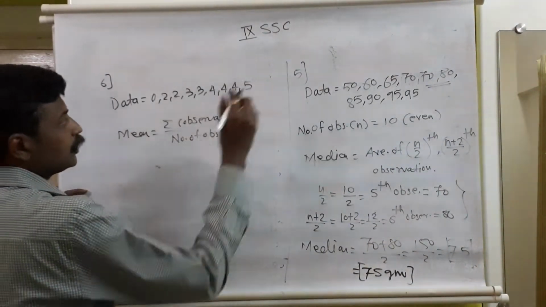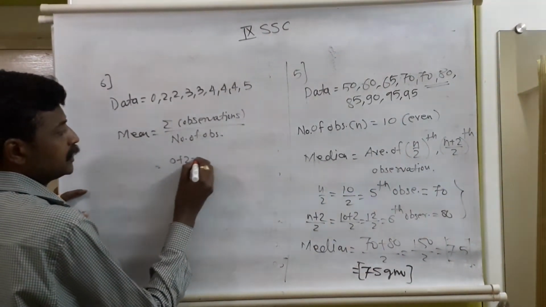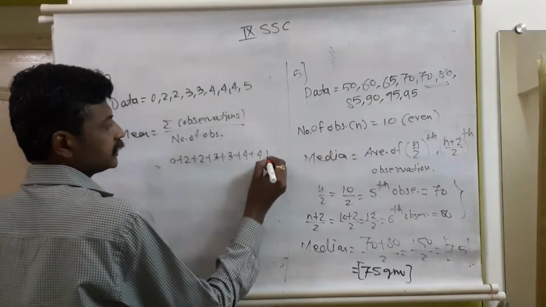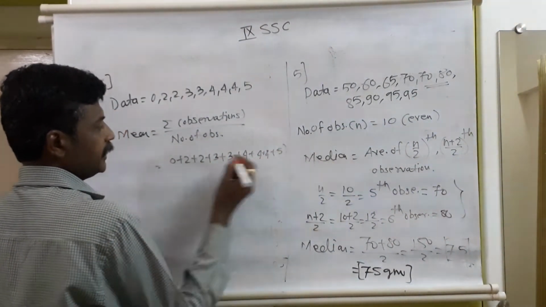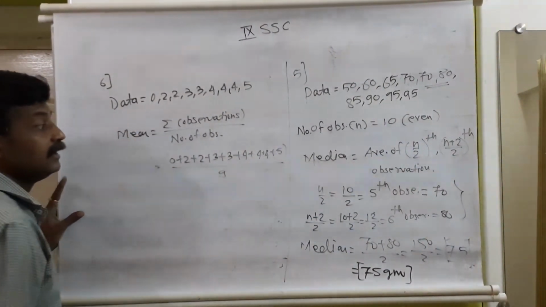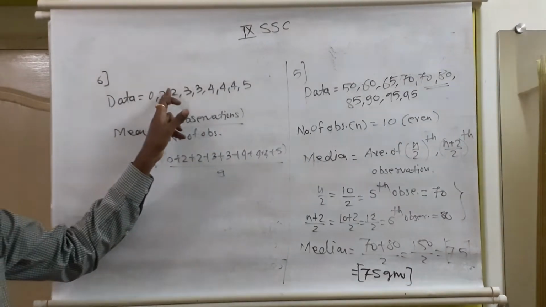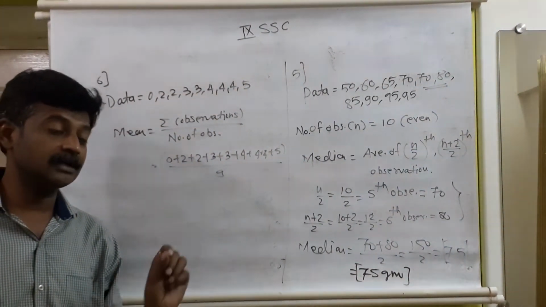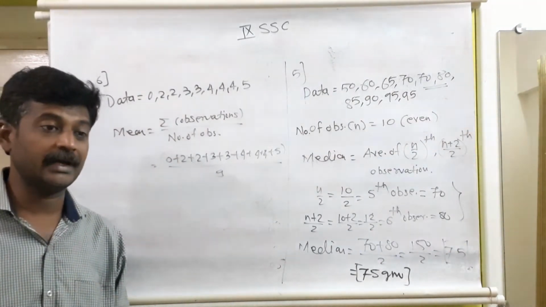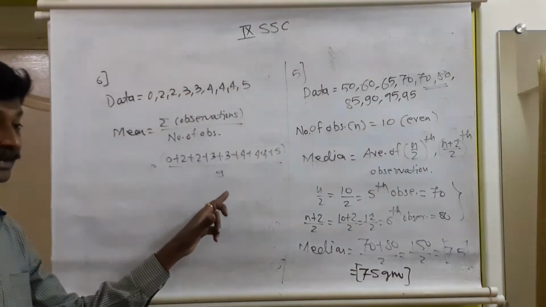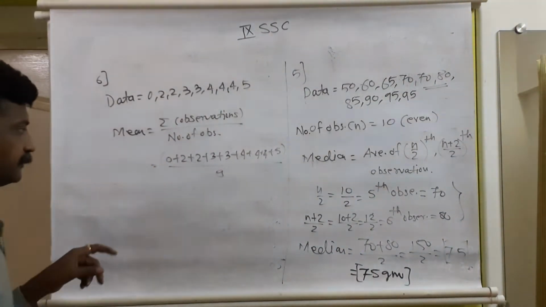Sum of all observations: 0 plus 2 plus 2 plus 3 plus 3 plus 4 three times plus 5, divided by the number of observations, 9. 0 also should be considered because in that match he did not score anything, but the match was played by him. So the number of observations is 9 including 0. Don't forget to add it.